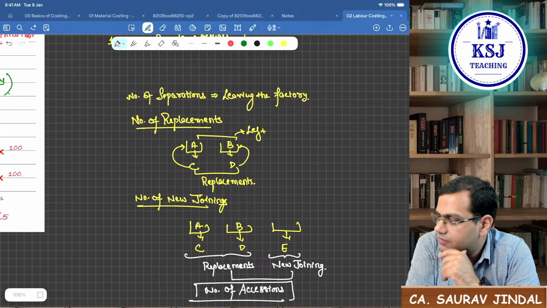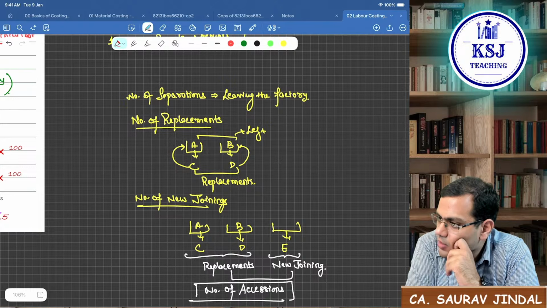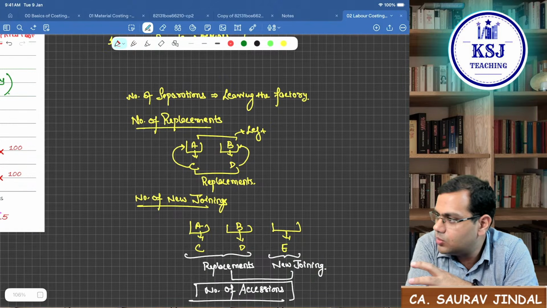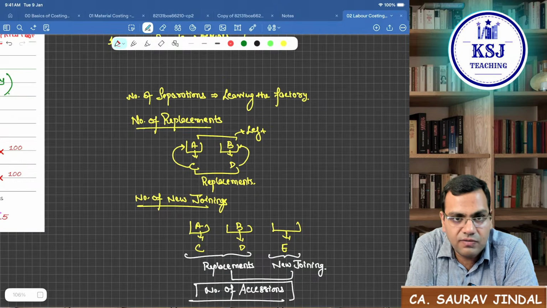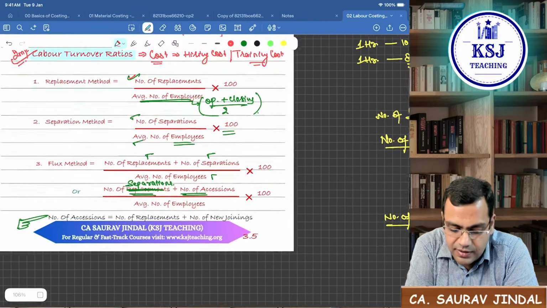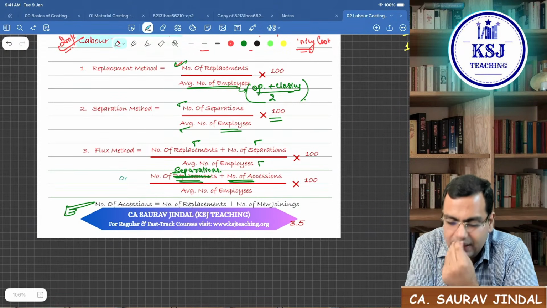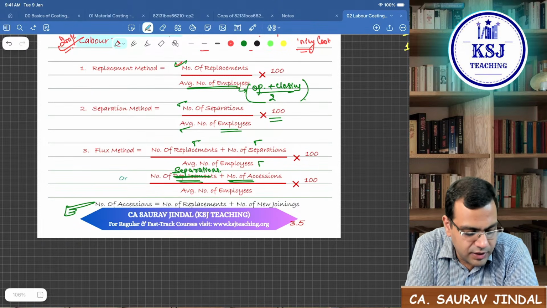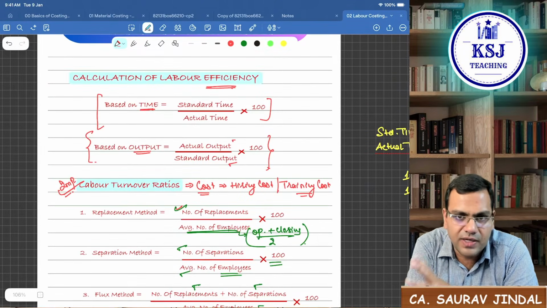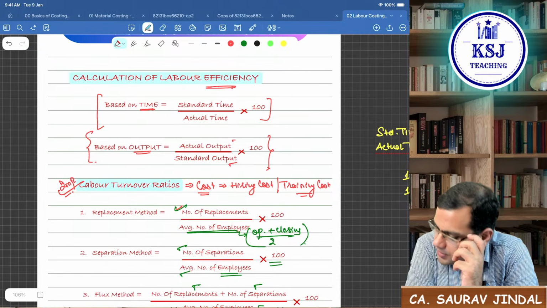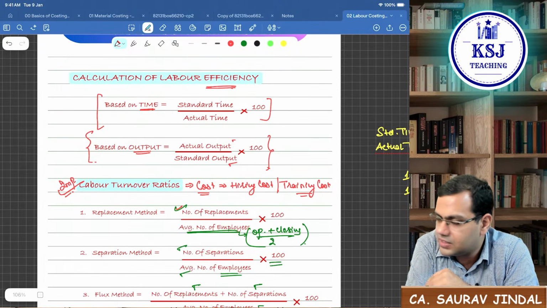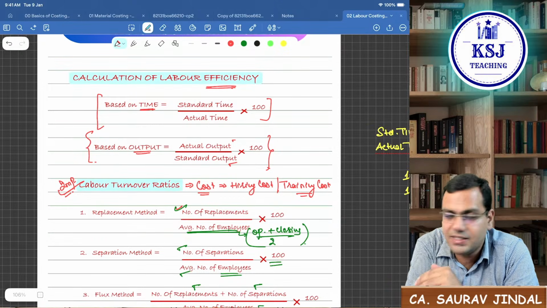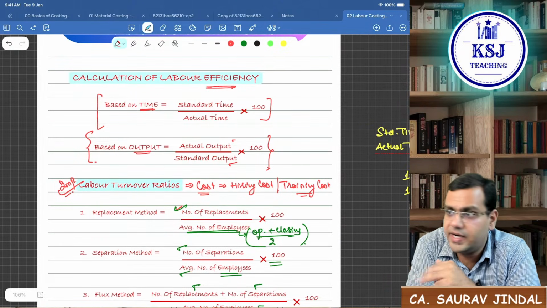Tomorrow, first half, we'll be doing the labor costing questions. We'll try and complete the labor costing. Selected questions we'll do. One question on labor turnover, one question on overtime. Right? We'll pick up illustration number 4 and 5 we'll do. One on labor evaluation we'll do. So we'll pick up the selected questions. One question from each topic we'll pick up. The important one, we'll discuss the adjustments and we'll be done with labor costing. Then we'll try, second half, we will start with overheads costing.